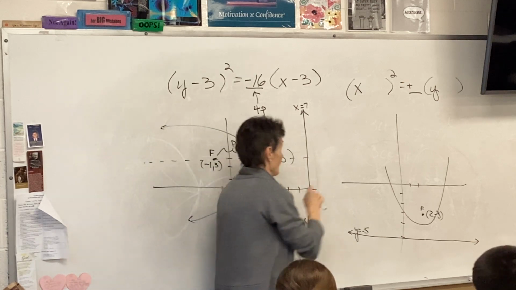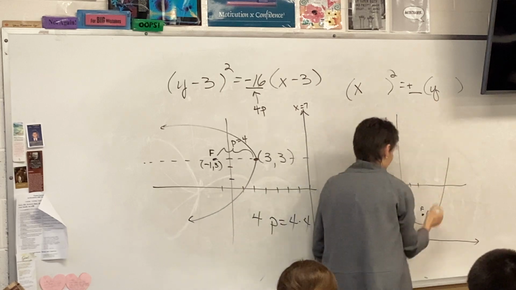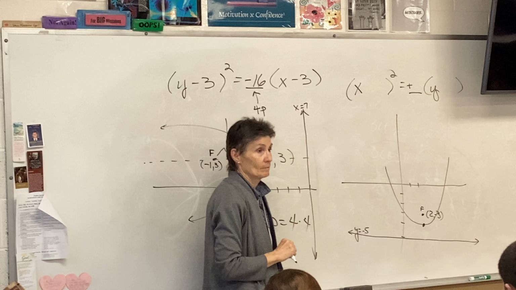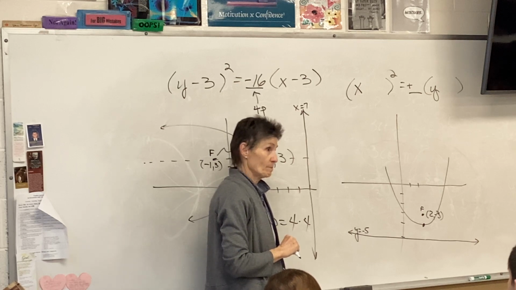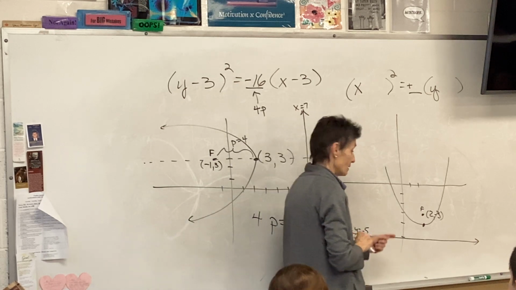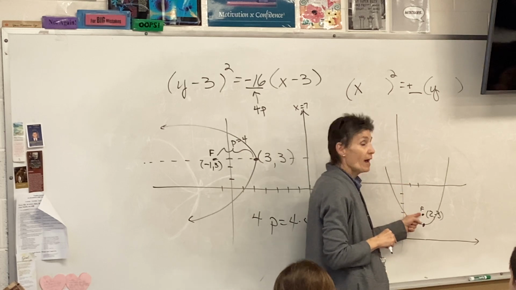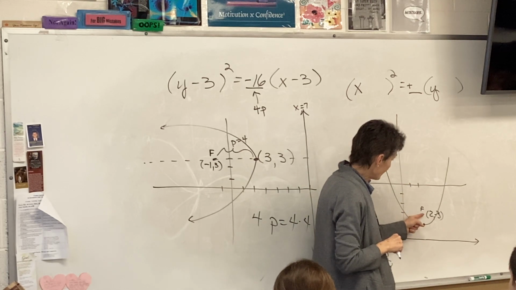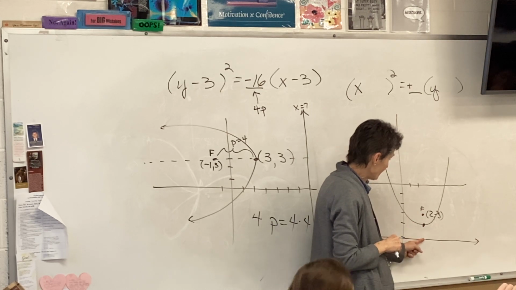Now, to fill in the numbers, I need to know my vertex, don't I? Where's my vertex going to be? Somebody said it earlier, halfway in between. So this one's at -3, this one's at -5.